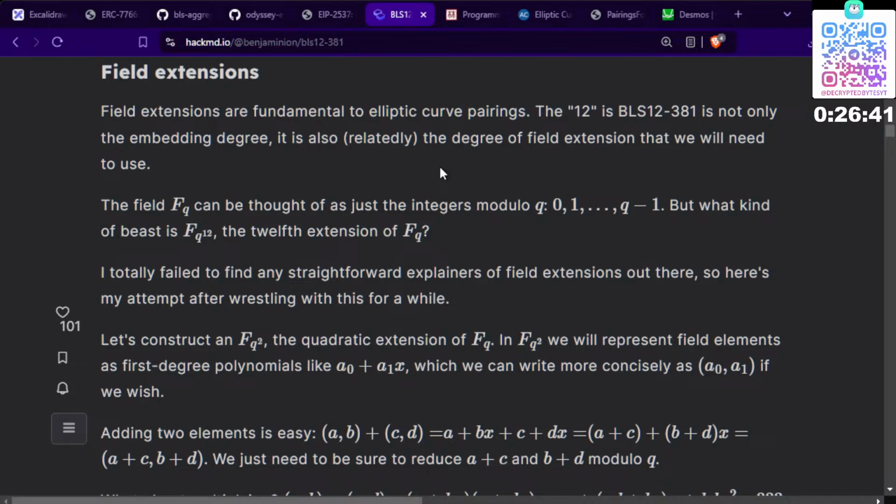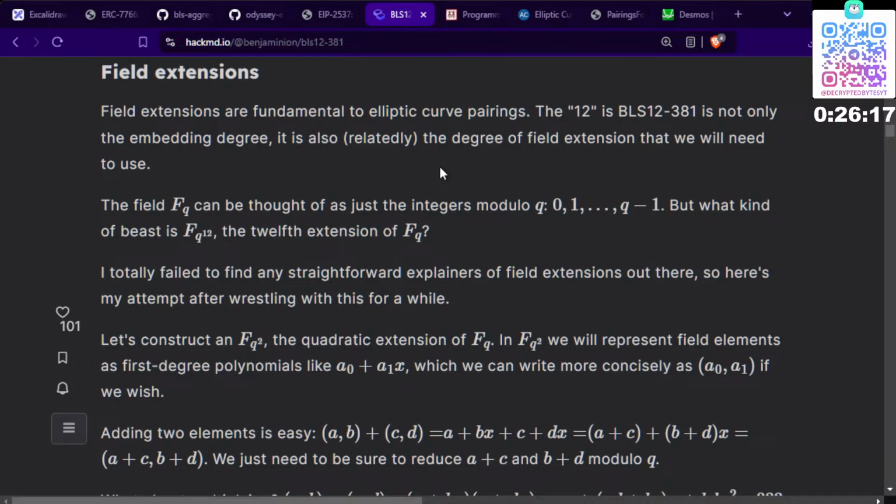I totally failed to find straightforward explainers for field extension out there, so here is my attempt after wrestling with this for a while. Let's construct an Fq^2, the quadratic extension of Fq.